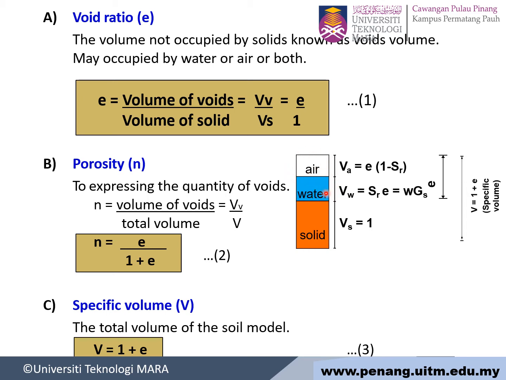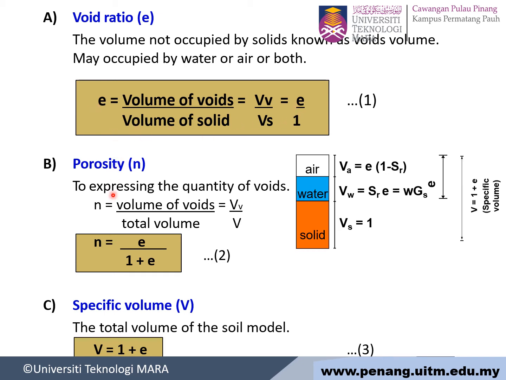So to determine the value of void ratio, it is equal to volume of void over volume of solid. So volume of void is Va plus V water divided by Vs. So Va plus V water is equal to E. Vs is 1. So void ratio is equal to E.